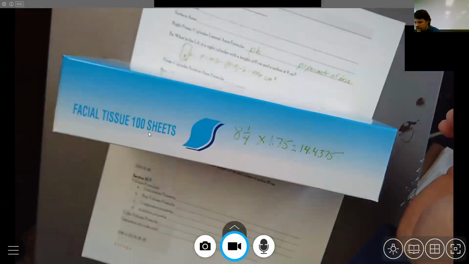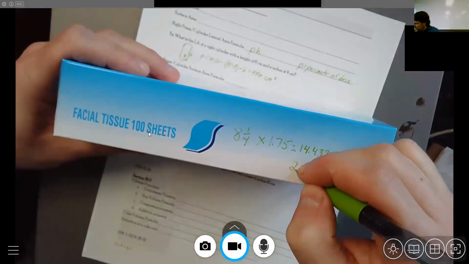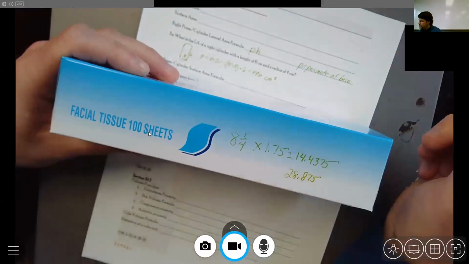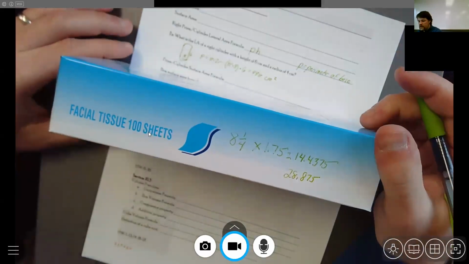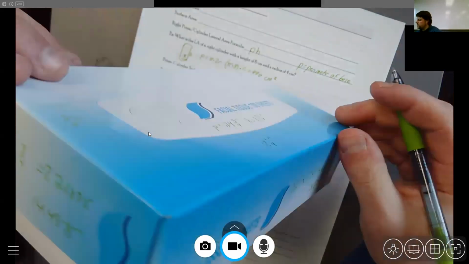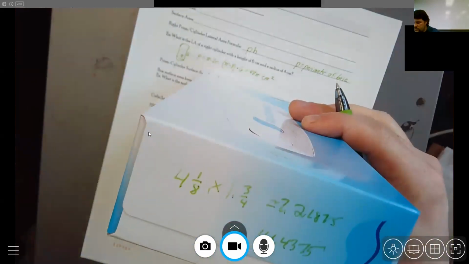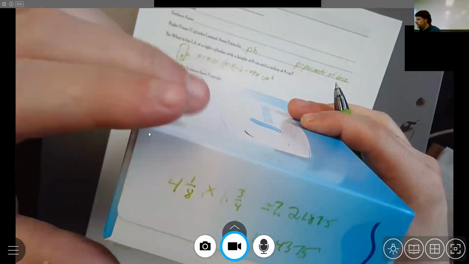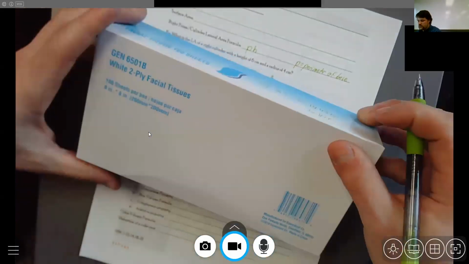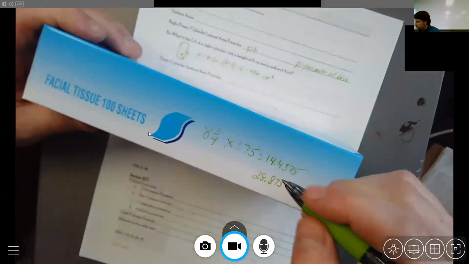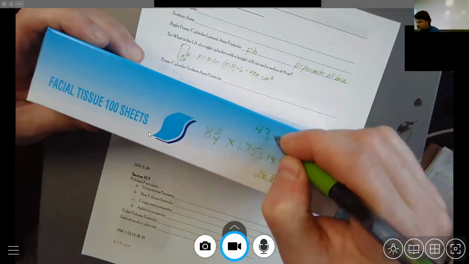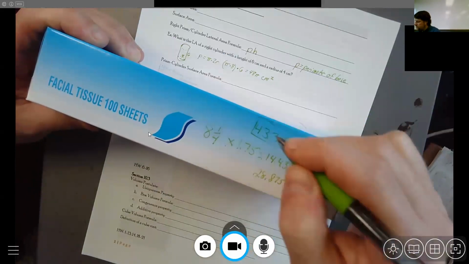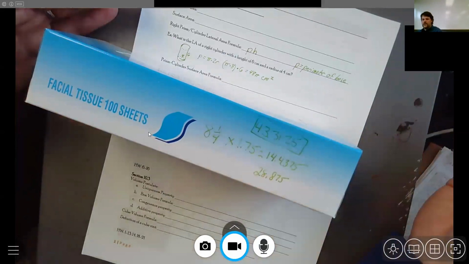So if we multiply that by 2, we get 28.875. So if we take 28.875 and add it to the 14.4375 from the other 2 sides, we end up with a total of 43.3125, which is what we got by doing the perimeter times the height.